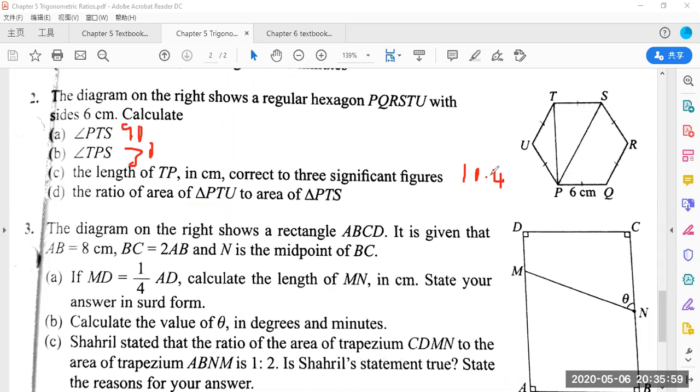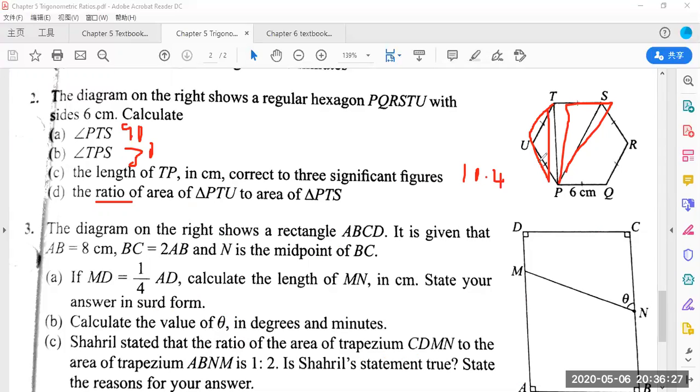Find the ratio of PTU and PTS, these two triangles.